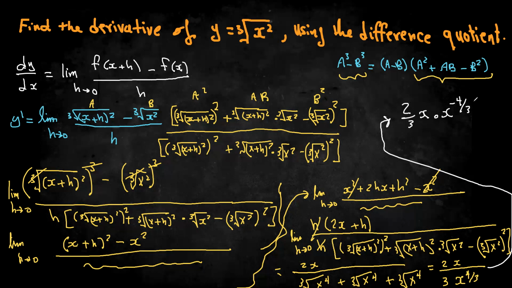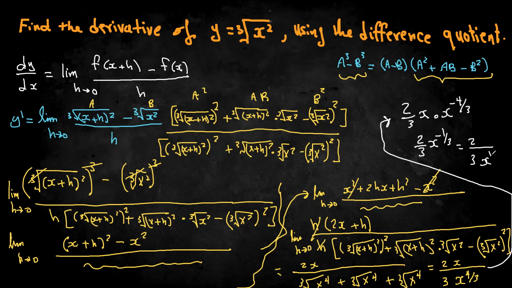Which is in turn, when you multiply this, x to the 1 times x to the negative 4/3, you're going to add the exponents. So 1 is 3/3, minus 4/3 is going to give me 2/3 x to the negative 1/3, which we should write as a positive exponent. So we're going to get 2/3, and this x will come to the bottom again.